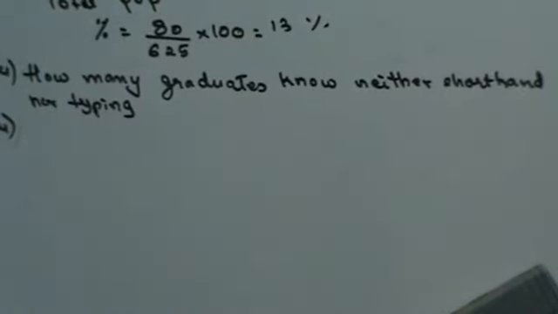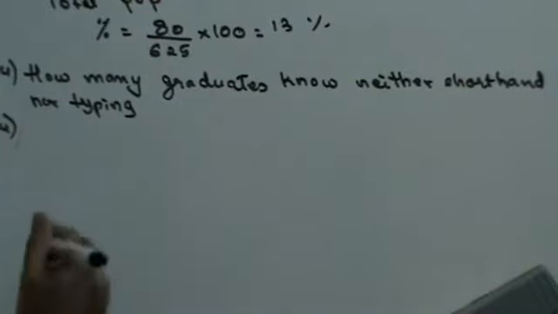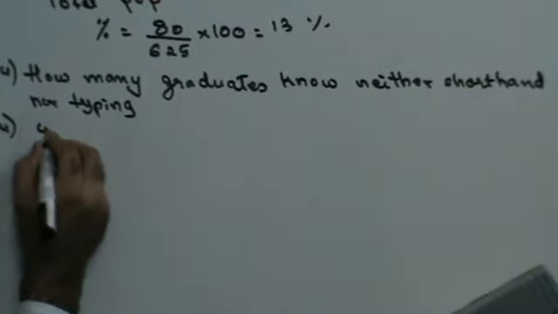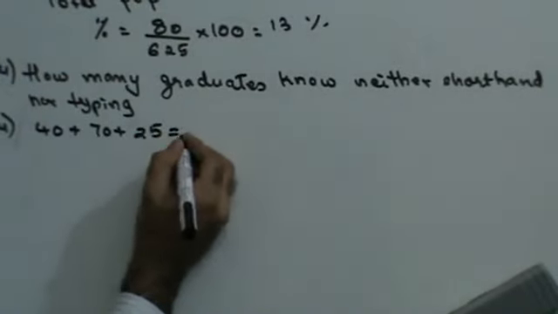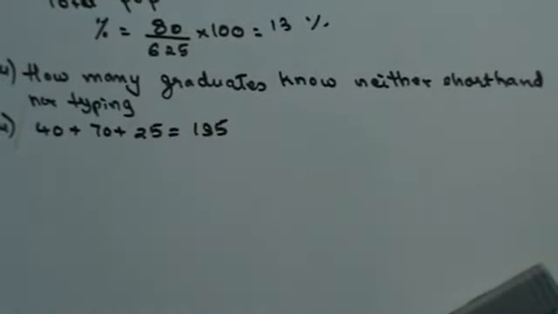You want only graduates who do not know shorthand and typing. Right? So neither shorthand nor typing. That is going to be nothing but 40 plus 70 plus 25. So this is 135. There are 135 such people who know neither shorthand nor typing, and they are graduates.